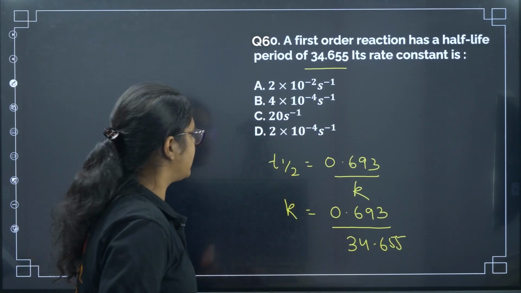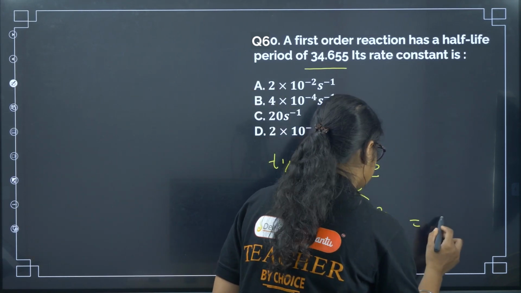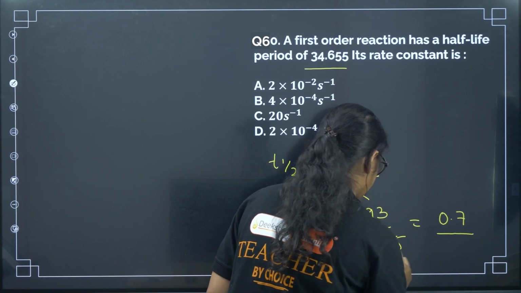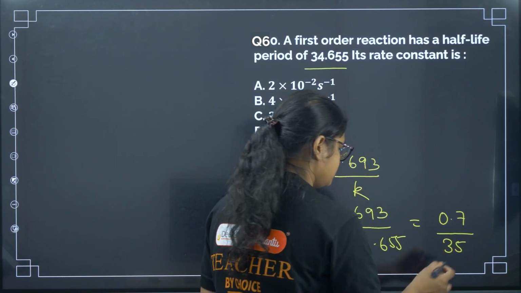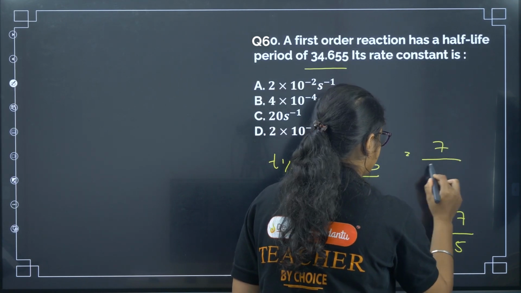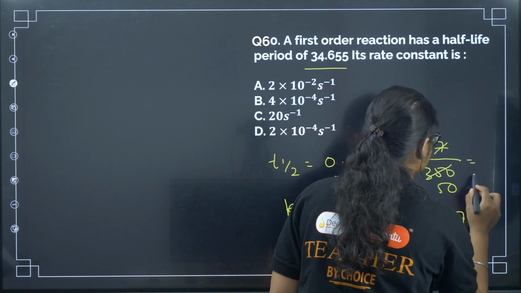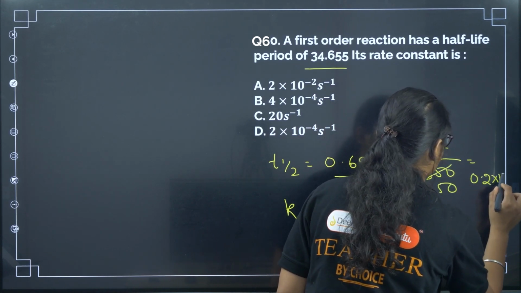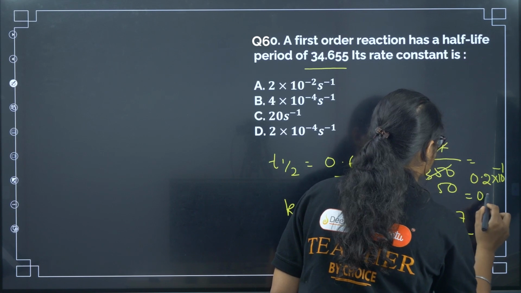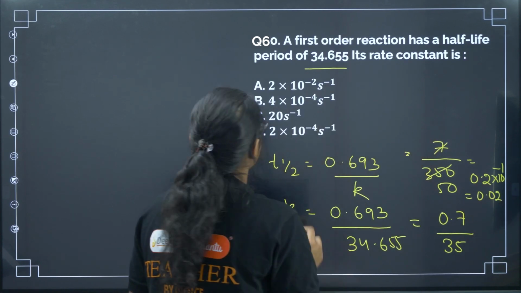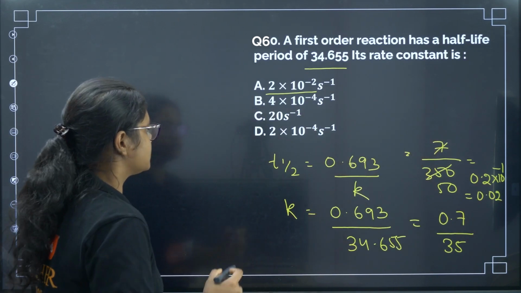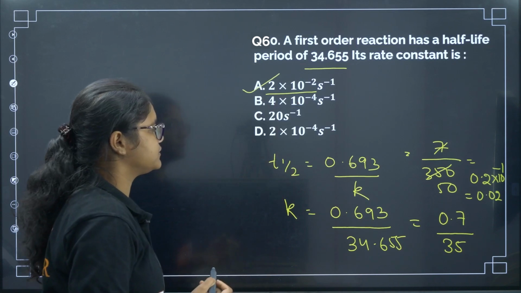So now for easy calculation, we can make it as 0.7 and this one let us make it as 35. Now if you see, I can write 7 by 350, that is equal to 7 by 1 by 50, so that is 0.2 into 10 to the power of minus 1, or we can say 0.02. So we will have 2 into 10 to the power of minus 2. So the correct answer for this question will be option number A.